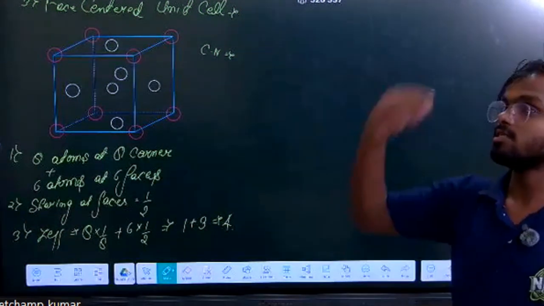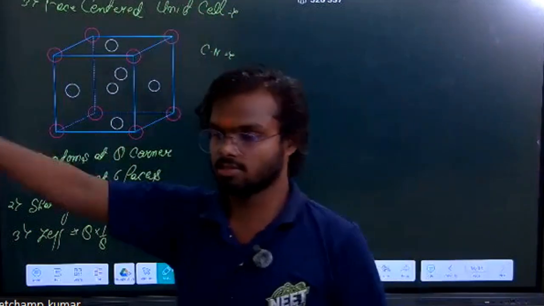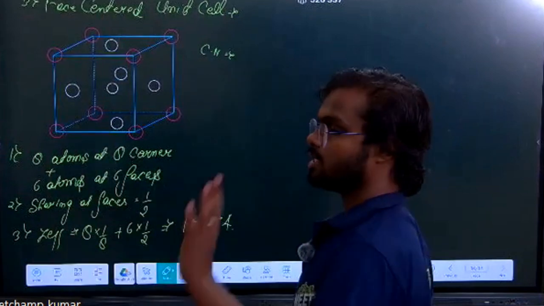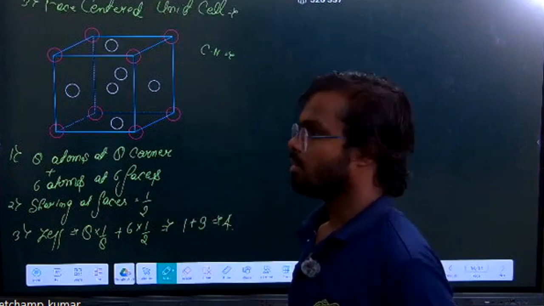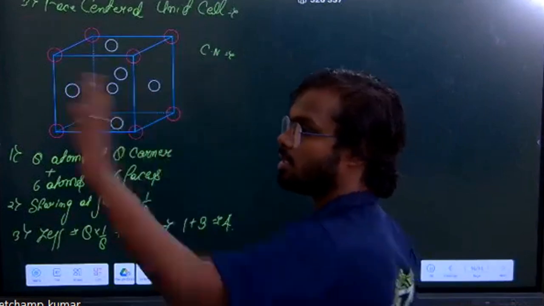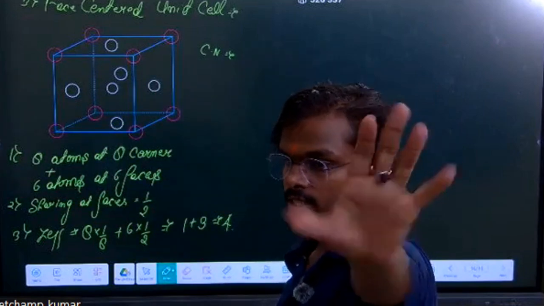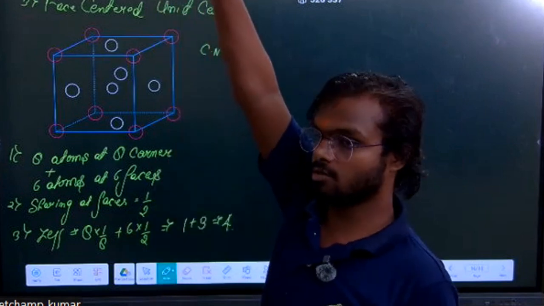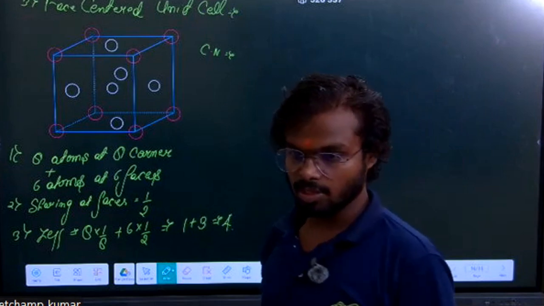Suppose there is an atom at the face center. First thing is very clear, this is touching the 4 corners. Now just try to imagine, this atom is going to touch the atom which is present on this face, on this face, on that face and on that face. Are you getting my point?